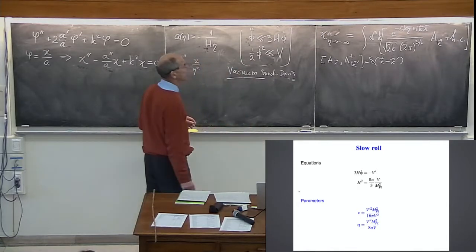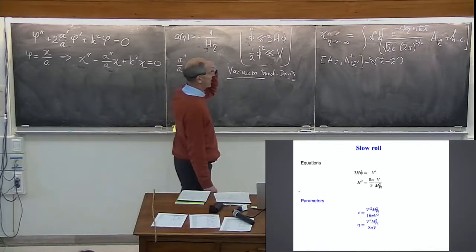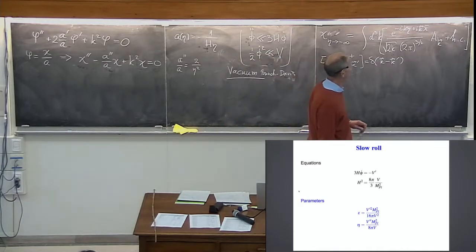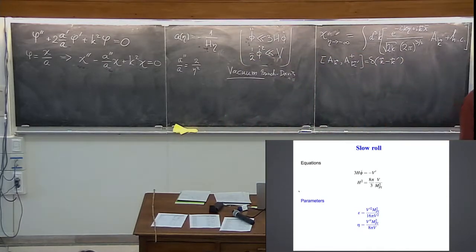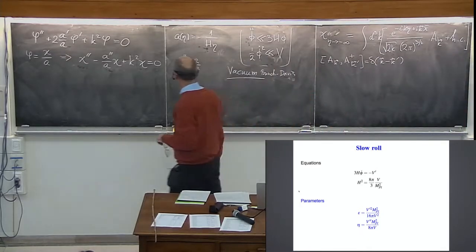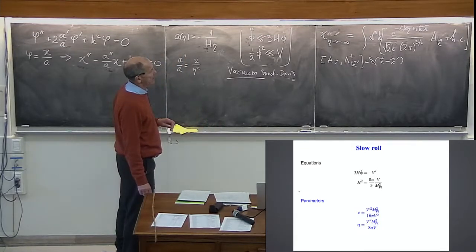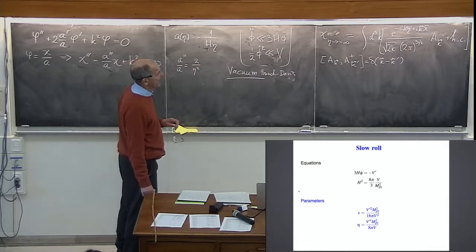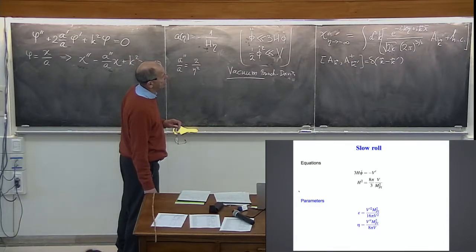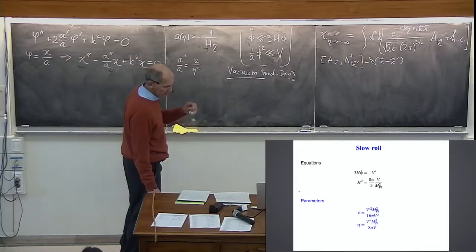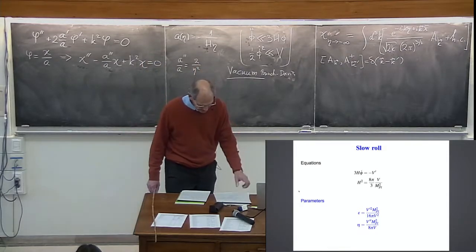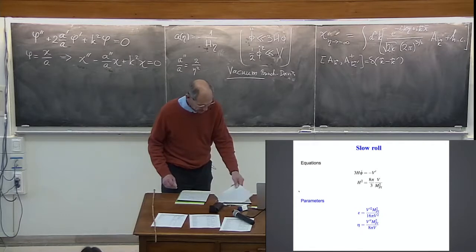You have to match this field to a constant, to a time-independent field. You should match it at the moment of time when, all right, let me just do matching precisely.